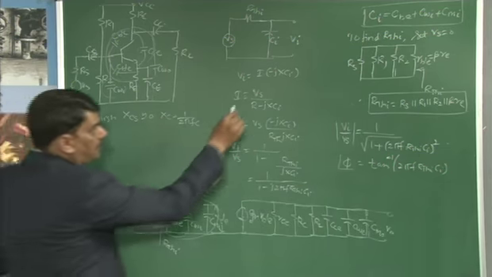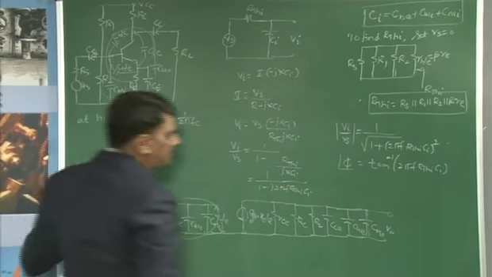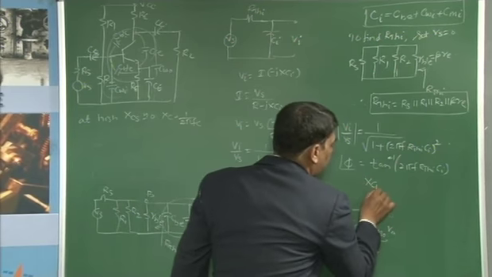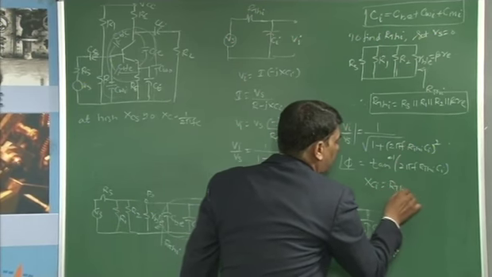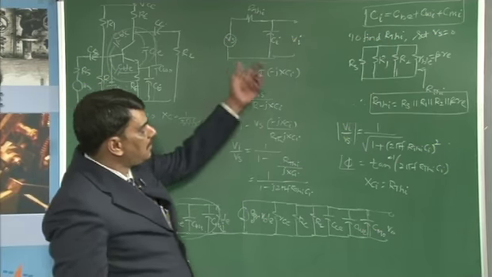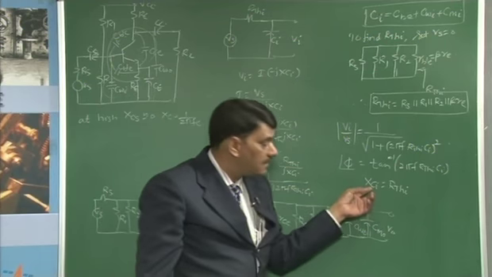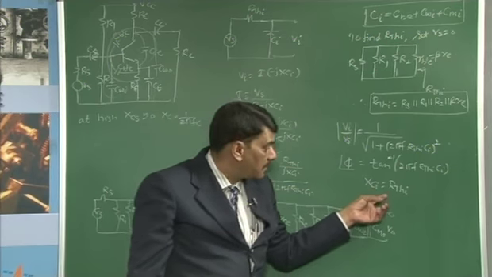Then this circuit transfers maximum power if and only if the reactance Xci is equal to the input resistance RTHI. At all frequencies, this reactance is not equal to RTHI.